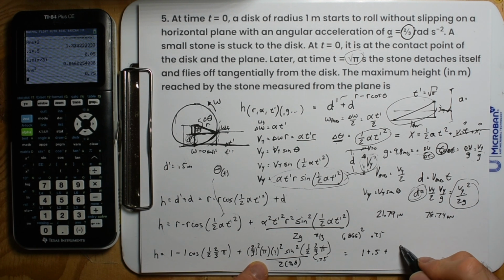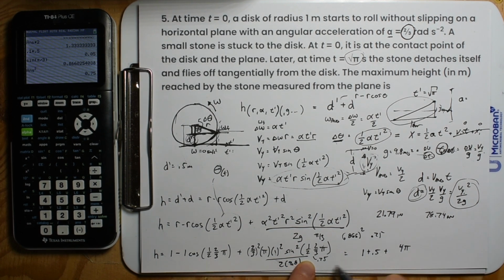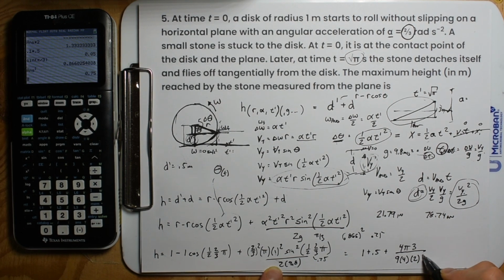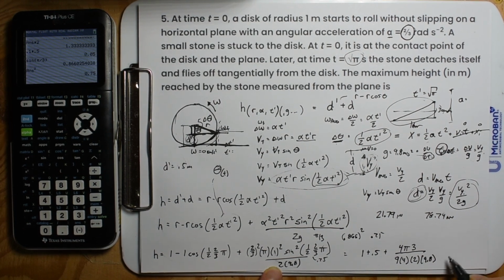But yeah, this goes to 4/9, so we'll have 4 pi, this is 3/4, so we're going to have 3 over 9 times 4 fourths, 2, and then 9.8.